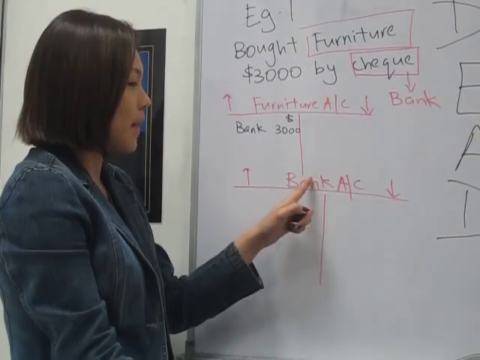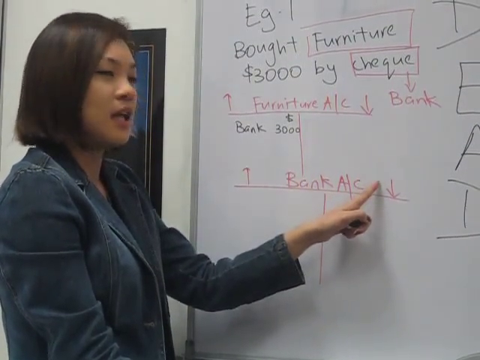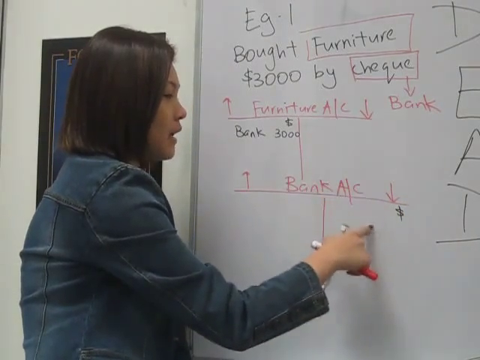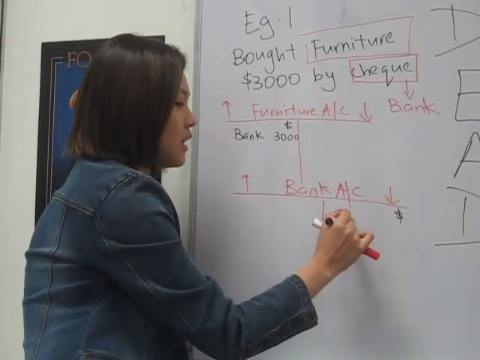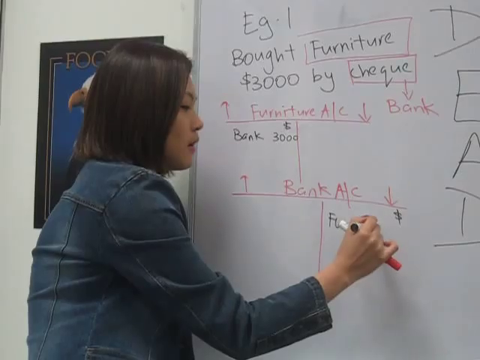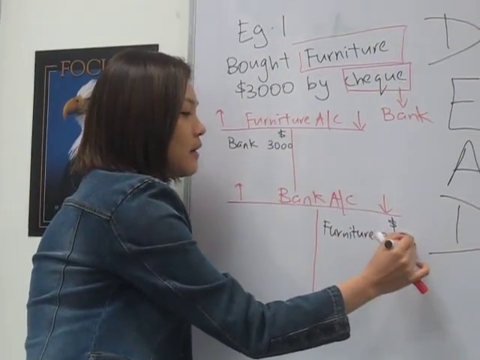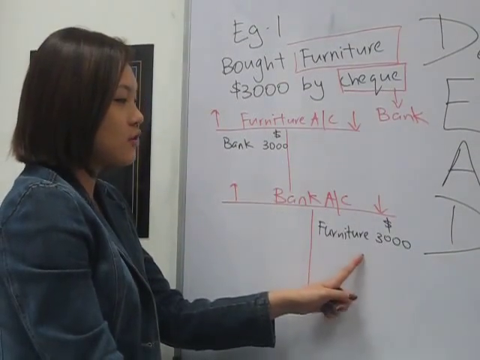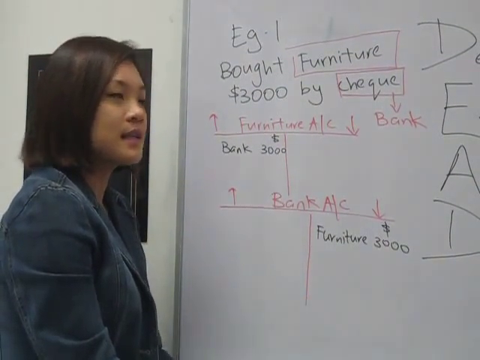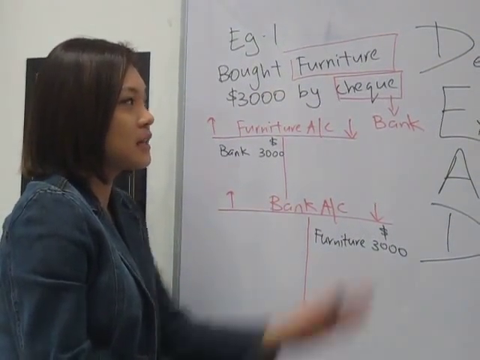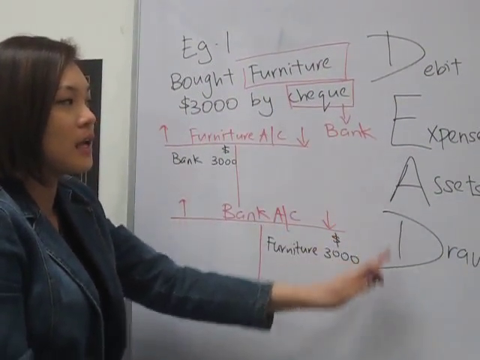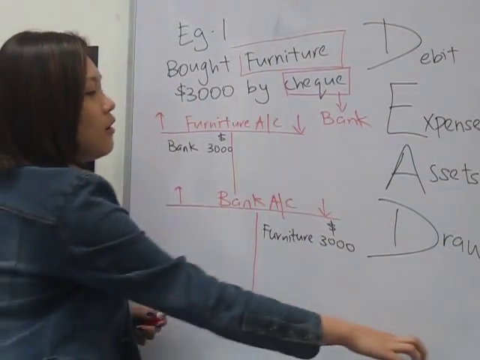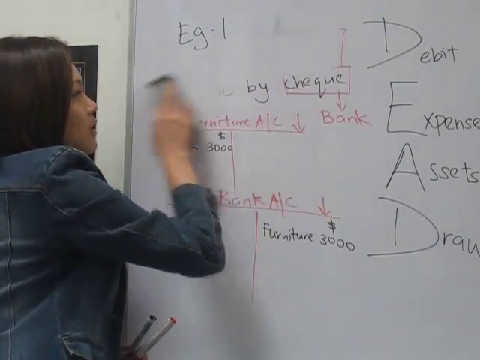The money in the bank account will decrease. Therefore, I will credit the bank account 3,000. As you can see, when one entry is on the debit side, the next entry will be on the credit side. This is using the DEAD concept.